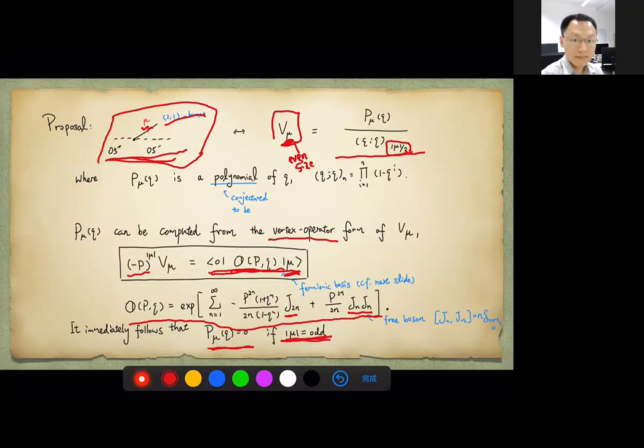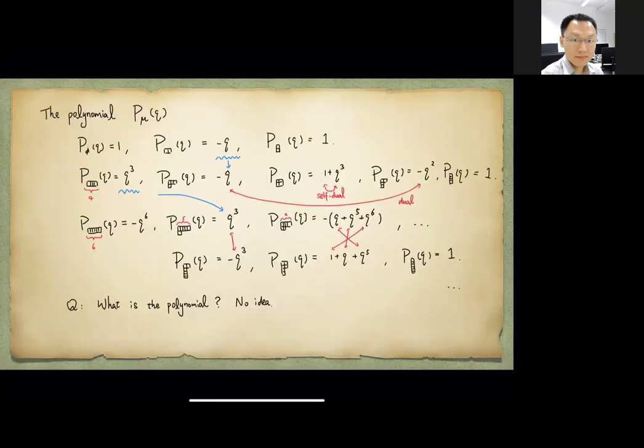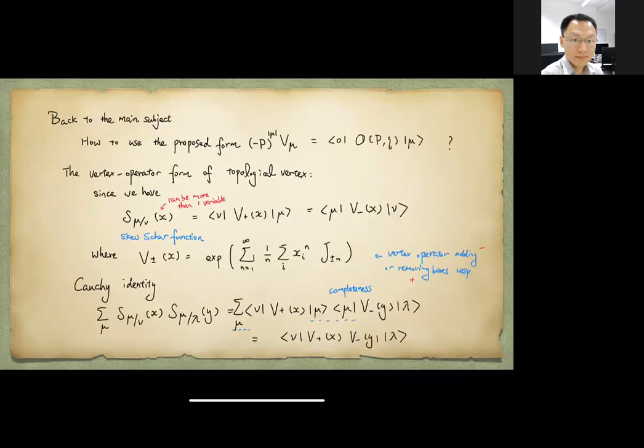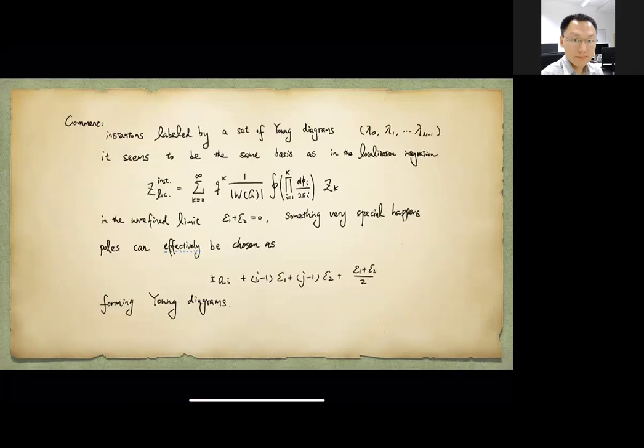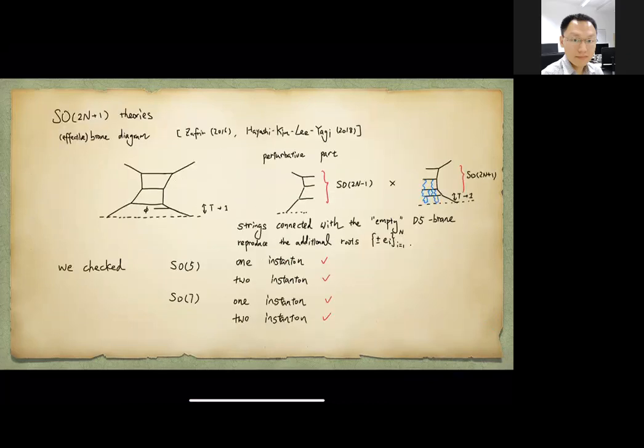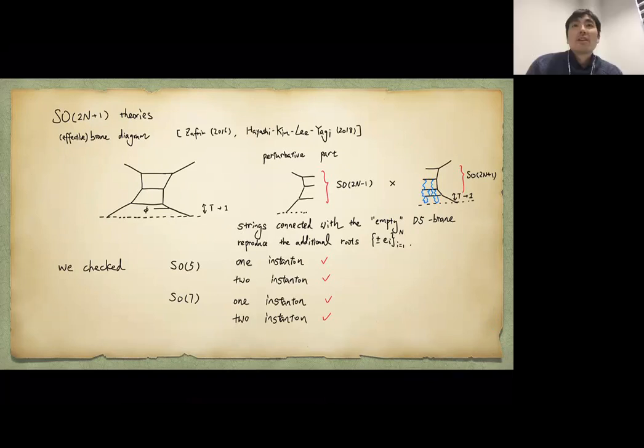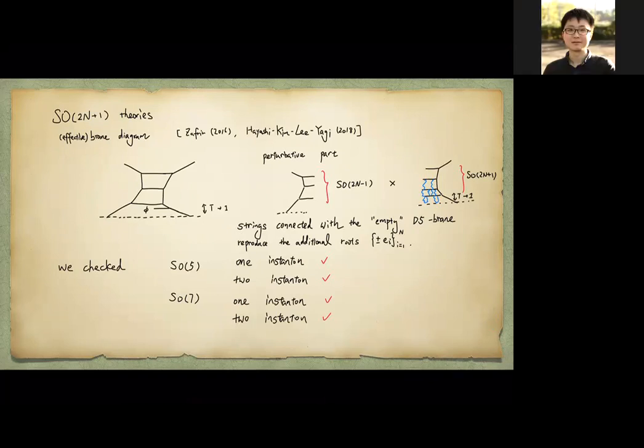Okay, I see. One more question is about the SO7 gauge theory. There is another Young diagram summation formula for the SO7 instanton partition function, right? I'm wondering whether that formula, when computed, is actually the same as your Young diagram summation formula here. No, it's not the same. But for G2, you said it's the same.